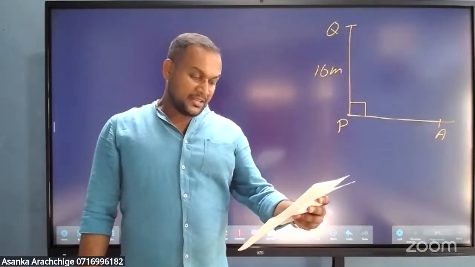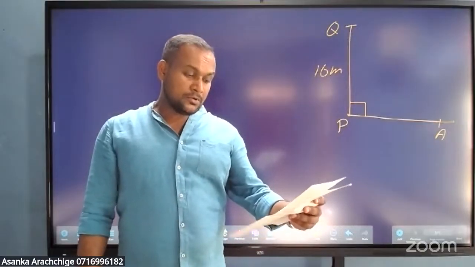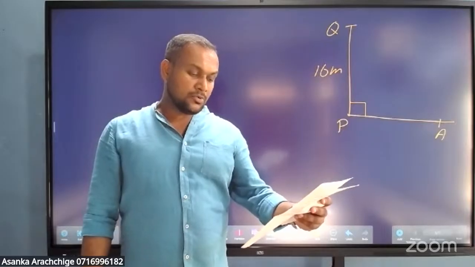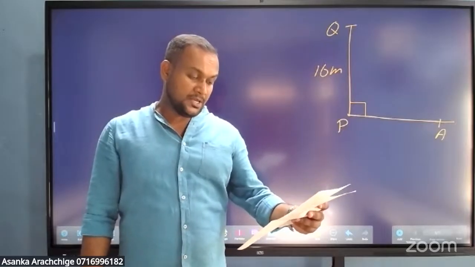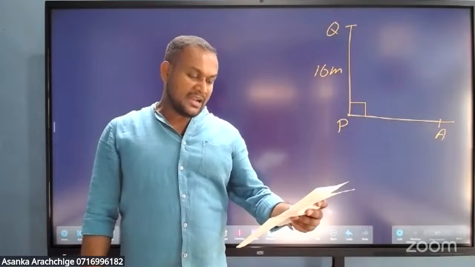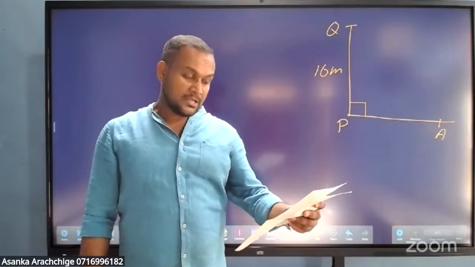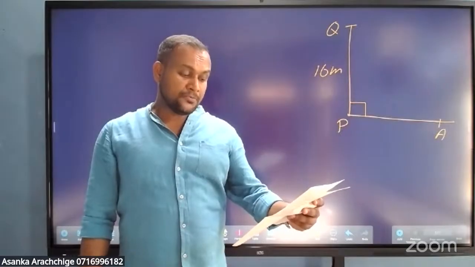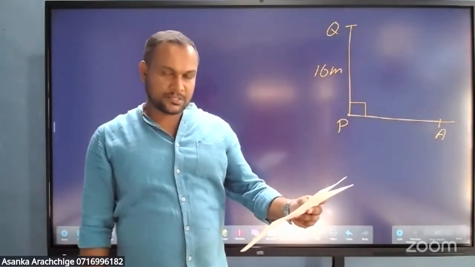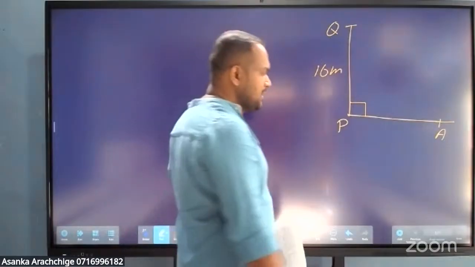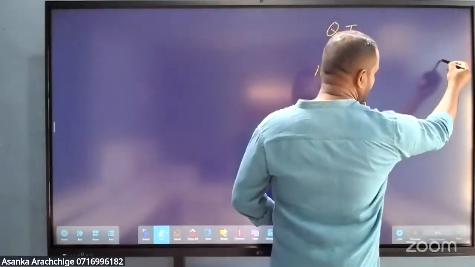A cat standing at the foot of the vertical post with the height of 3 meters situated at the point A. A is the foot of a vertical post.